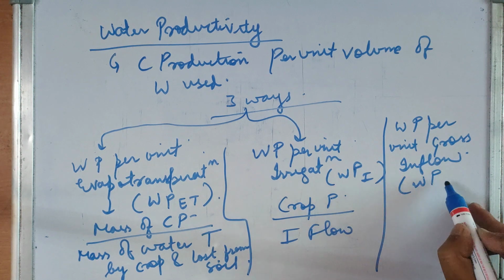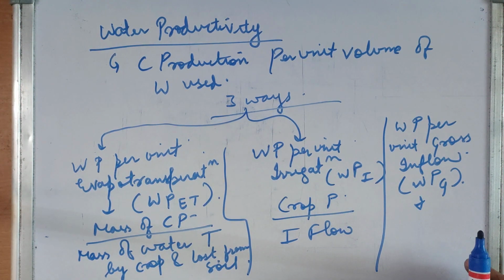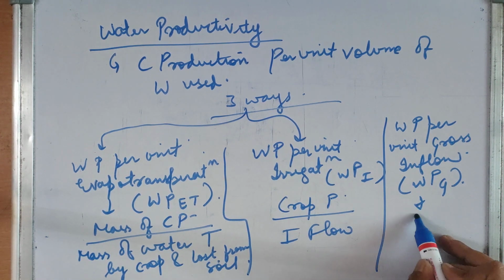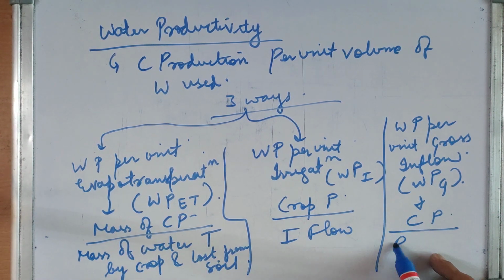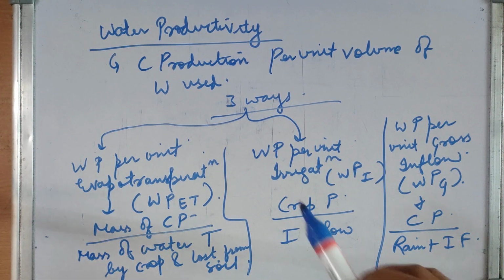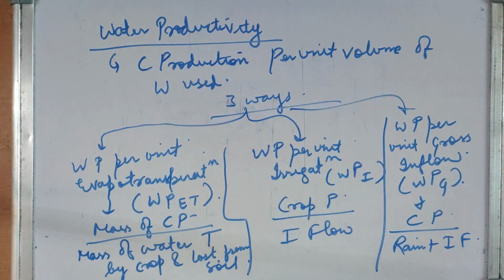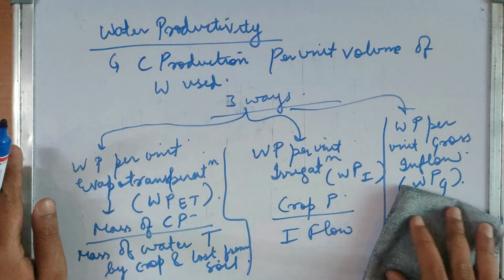It is crop production divided by rain plus irrigation flow. So I hope you all understand how we can calculate water productivity. These are the three ways. Now moving on, what are the types of soil water?